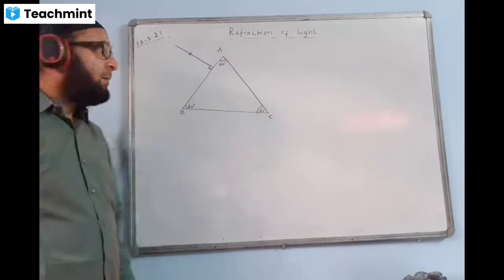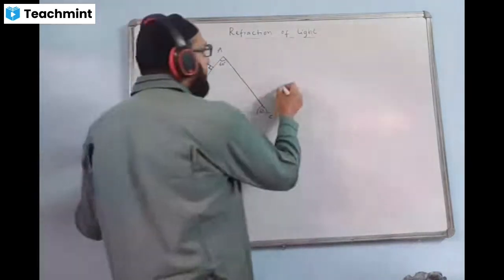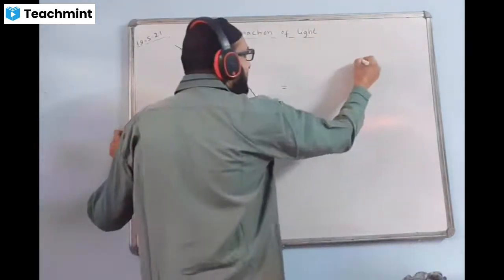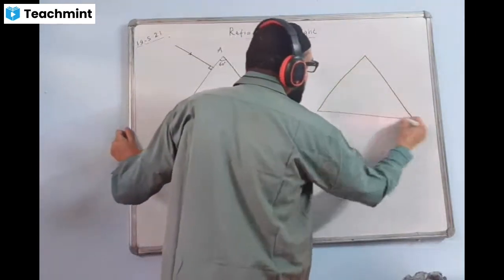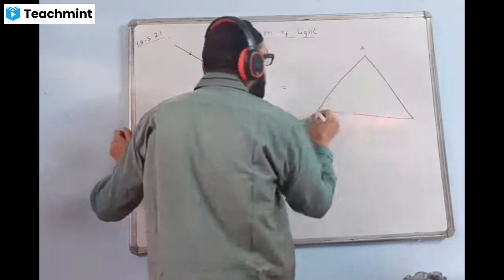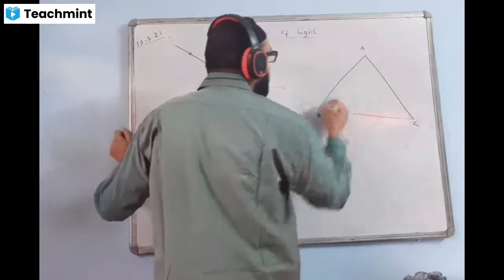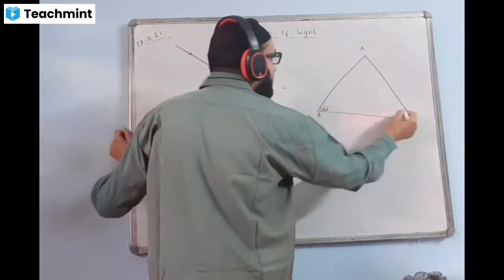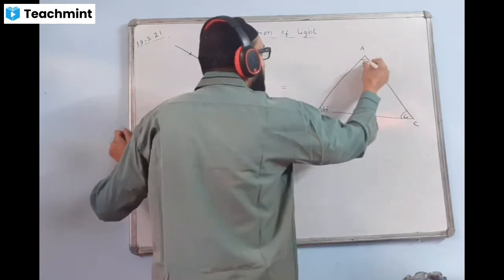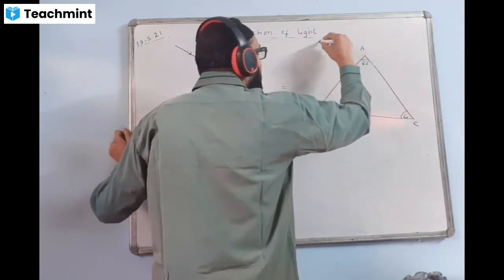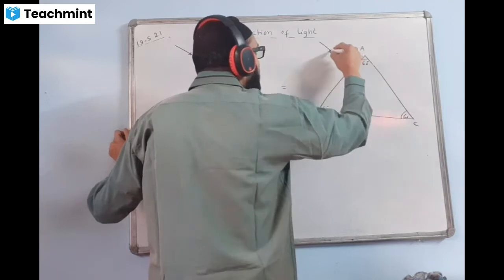All right. Now they're asking to copy and complete. Please try yourself and tell me how you're completing it. This is A, B, C. Each angle is 60. Here it is coming. No, just have a look again.